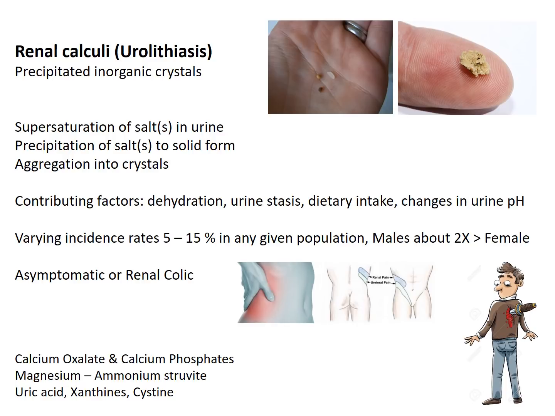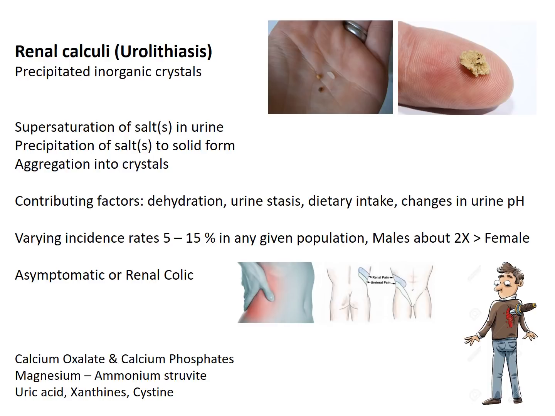And changes in urine pH can also lead to precipitation of stones, particularly very acidic urine. The rates vary. About 5 to 15% in any given population will have renal stones. Males seem to be about 2 times more likely to have stones than females.